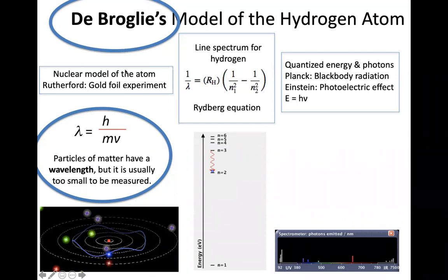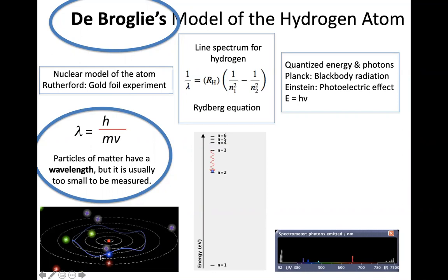Now, moving back to the chemistry side, this is what he's done different. Instead of saying that the electron is a particle that's moving along in an orbit, he switches that and says, what if it is a wave instead?